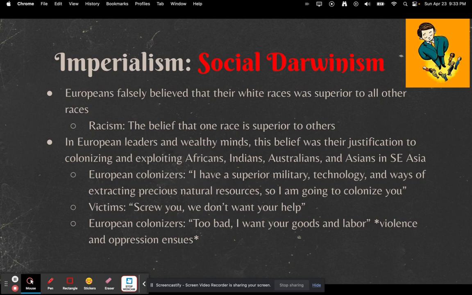So European colonizers were literally like, I have a superior military, technology, and ways of extracting precious natural resources, so I'm going to colonize you. And the victims were like, screw you, Europe, we don't want your help. And the European colonizers were like, too bad. I want your goods and I want your labor. And then typically violence and oppression ensues.